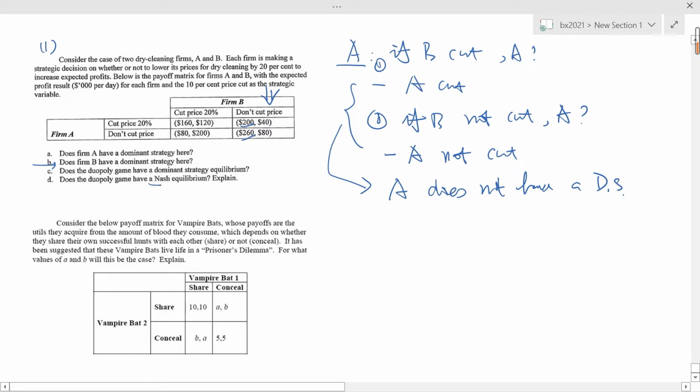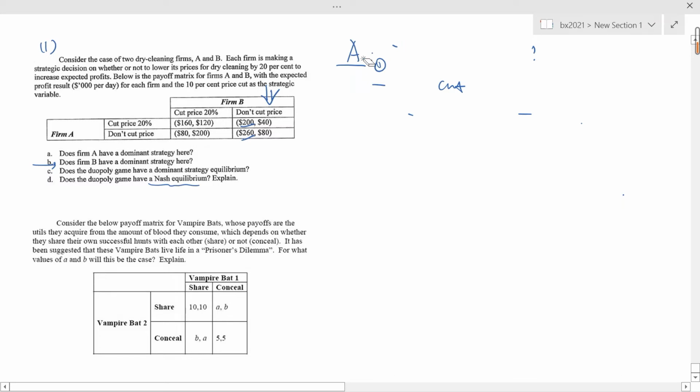However, we do have a Nash equilibrium. So let's check for Nash equilibriums, or more strictly speaking, pure strategy Nash equilibriums.